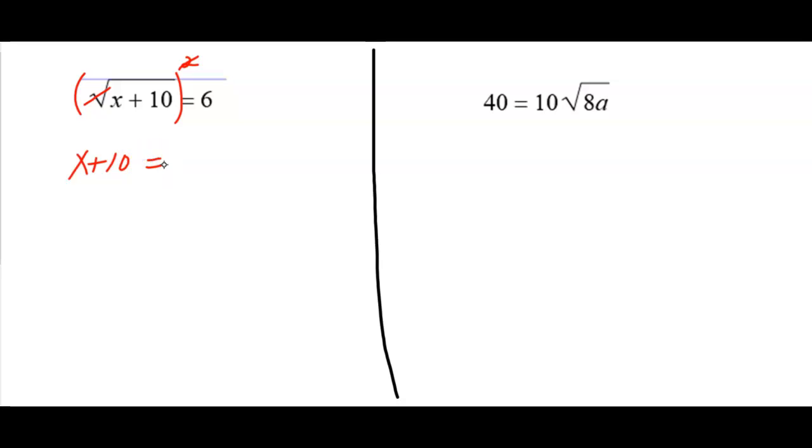But with equations, what you do to one side, you have to do to the other. So if we square the left, we have to square the right. And 6 squared is going to give us 36. Then you're down to a pretty basic equation. All you have to do is get x by itself, subtract your 10, so we get x equals 26.